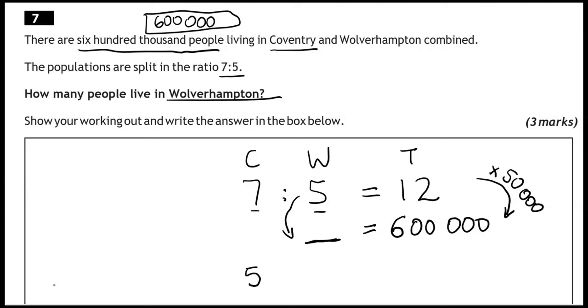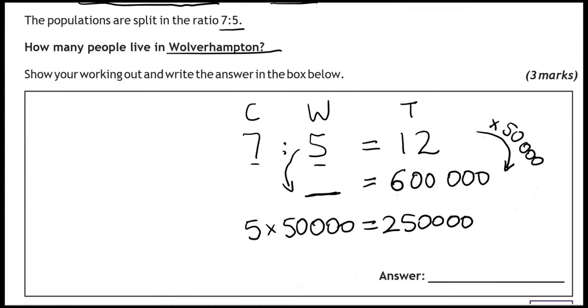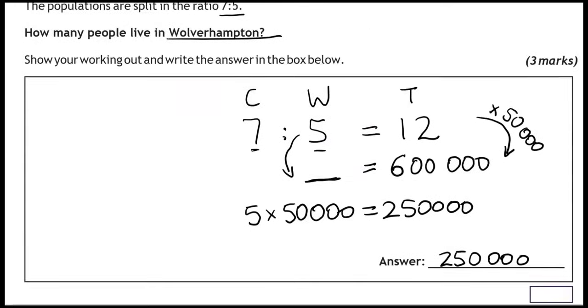So 5 times 50,000 gives me 250,000. And that is the answer. If you needed the population of Coventry, you'd go 7 times 50,000.